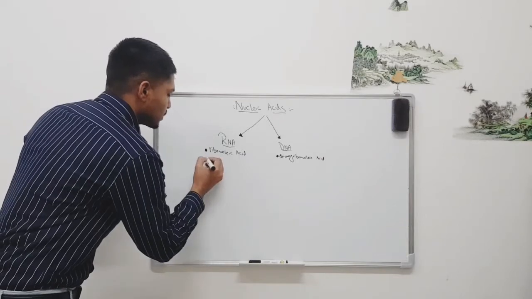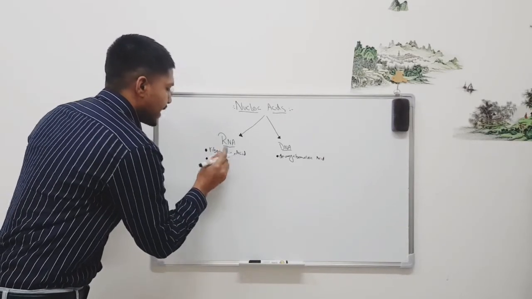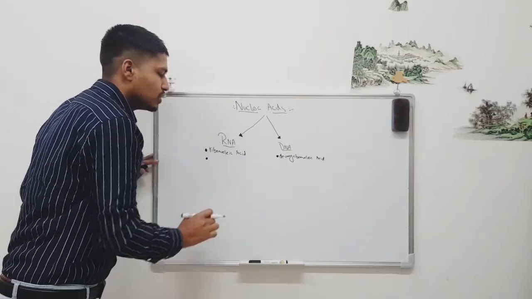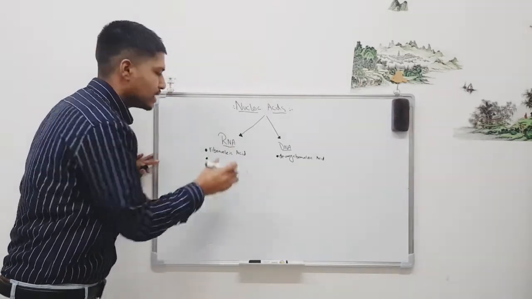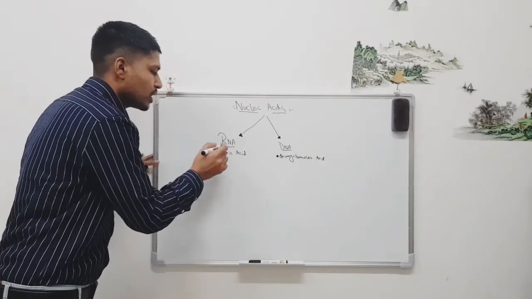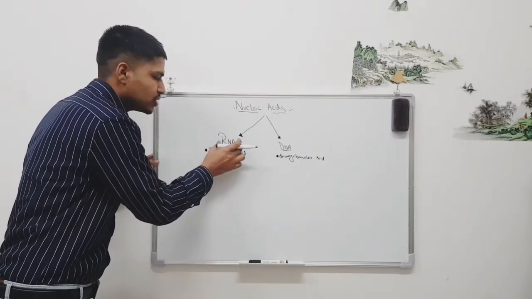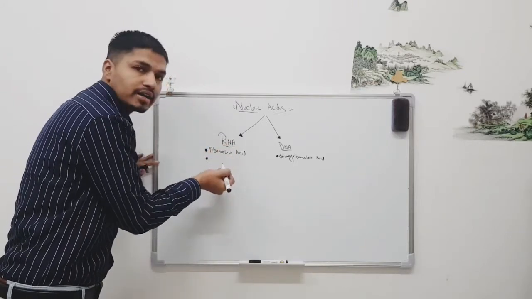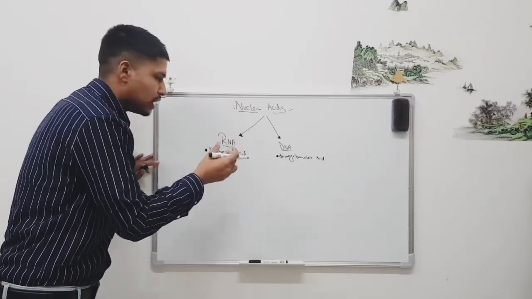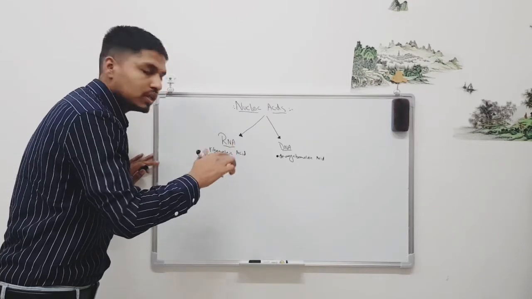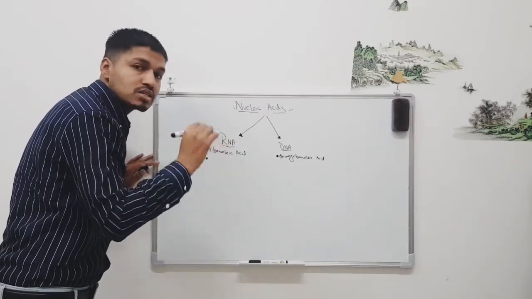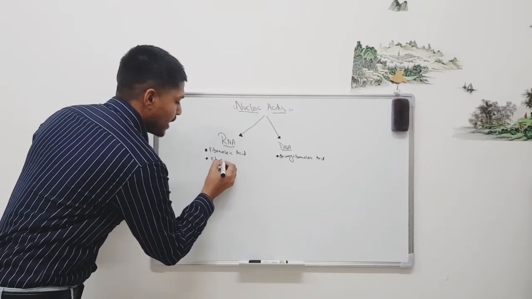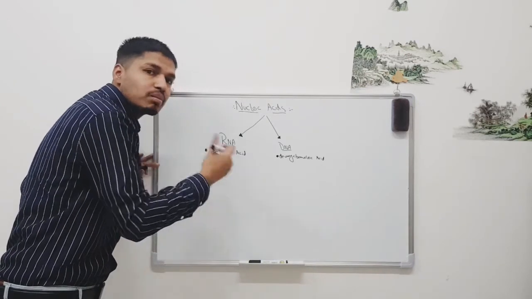Okay, now just look at this. As in the previous video, I discussed the RNA and the DNA molecule. So how can we get the RNA and DNA molecule? If we look at the structure, we will find that in the RNA molecule the sugar is ribose, and this sugar molecule is a pentose.